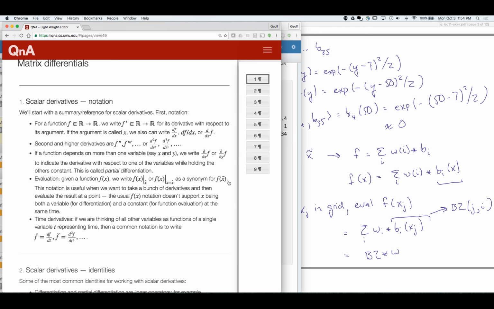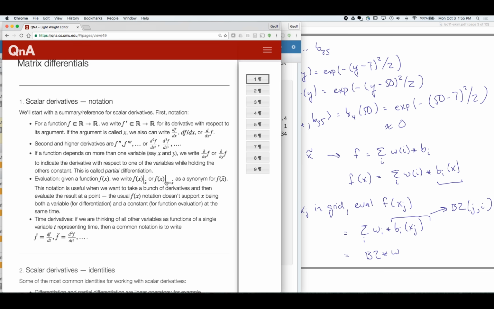If we just used the usual f of x notation, x would have to be a variable while we're differentiating, and then a constant after we substitute x hat for it. So this separates the part of the expression where x is a variable from the part where we're substituting x with a constant.